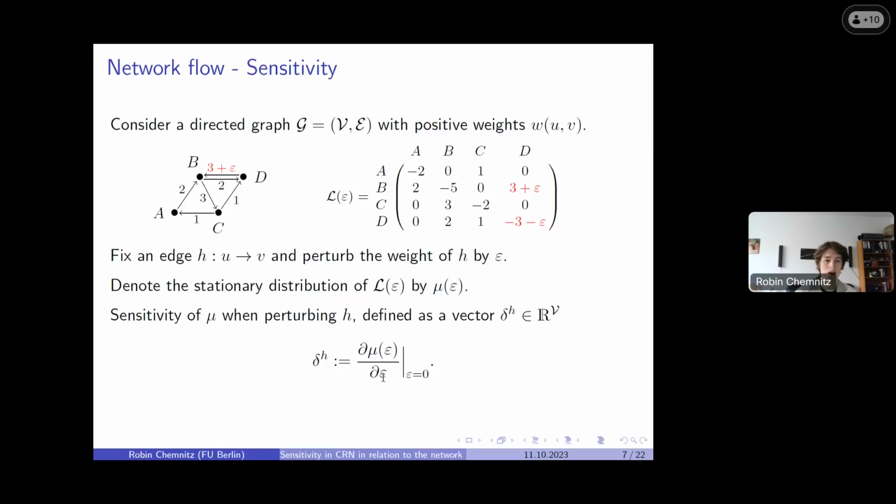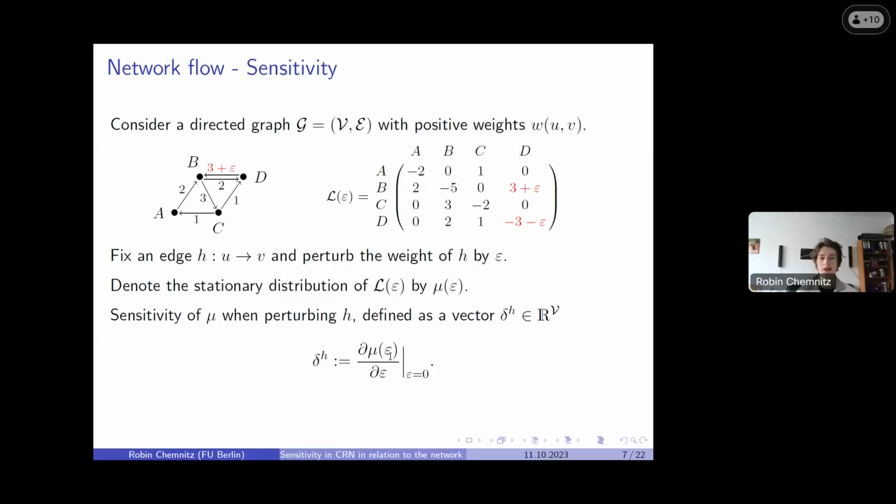Imagine the restaurant is one of the nodes, and you can now have certain roads which you can fortify, which you can increase. Then when increasing a road h, this quantity exactly tells you how much the flow through this network changes in each of the nodes. So now you can just check all the roads and find, okay, is making this road larger good for me or is it bad for me?